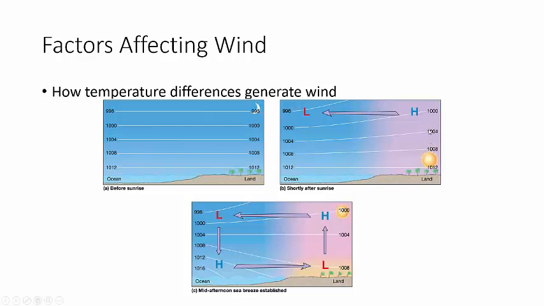Here your numbers spread out, so you have 1000 where you used to have 996. So that makes the land have a higher pressure. Well, everything wants to go from high pressure to low pressure. So it goes over to the ocean, from high to low pressure.